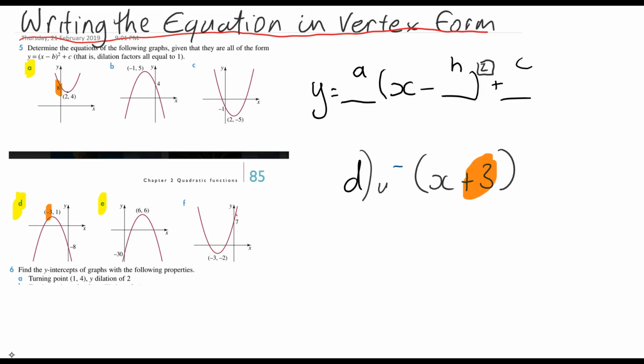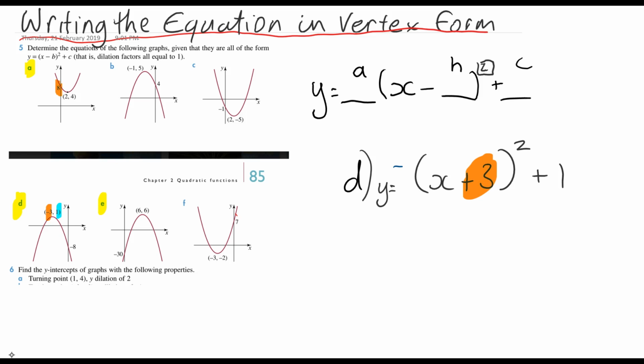Then y equals squared, because that's part of the layout of the vertex form, and then I've got to add 1 to drag it up 1, because the y value of the vertex is 1. So plus 1 on the end.